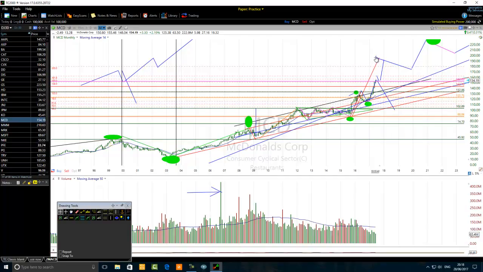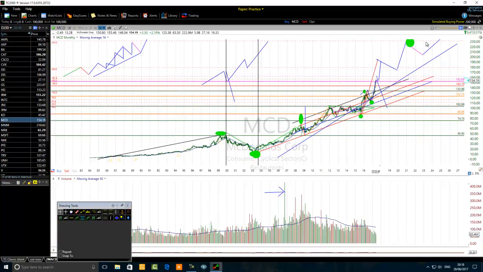Then we'll have the fourth Mano wave of the real third wave, and then the fifth Mano wave, before we can even talk about the real fourth wave, followed by the fifth wave. And as always, when we call something a fifth or third or first, we will remember that those impulse waves can be extended.